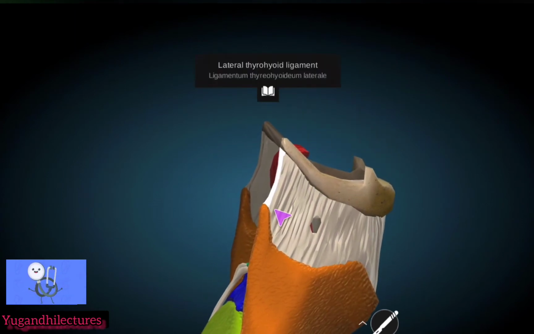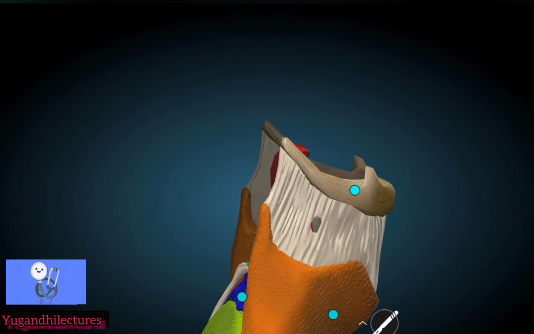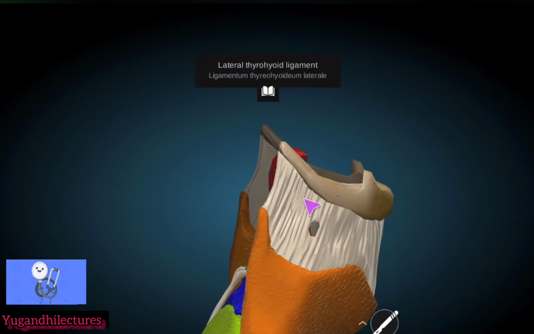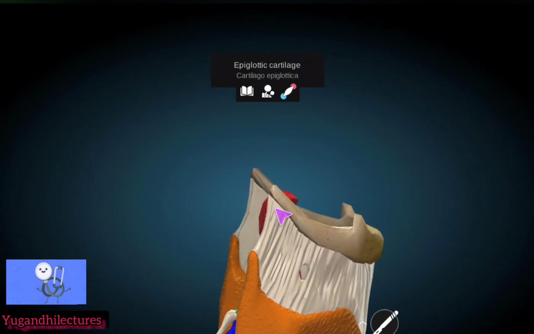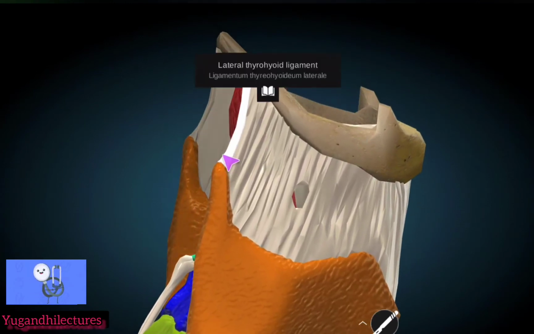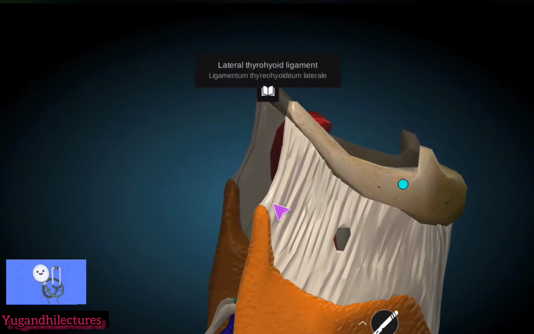So this is the lateral thyrohyoid ligament, through which the superior cornu of the thyroid cartilage is attached to the greater cornu of the hyoid bone. You can see here, this is the lateral thyrohyoid ligament.